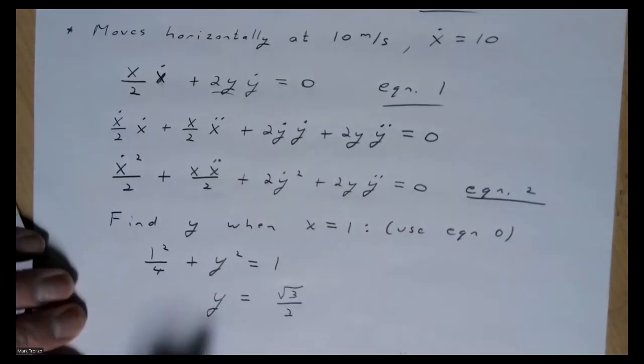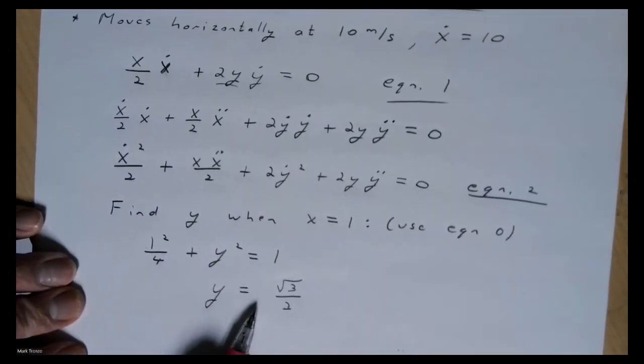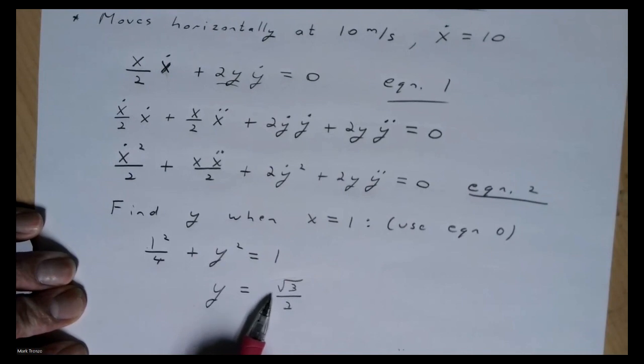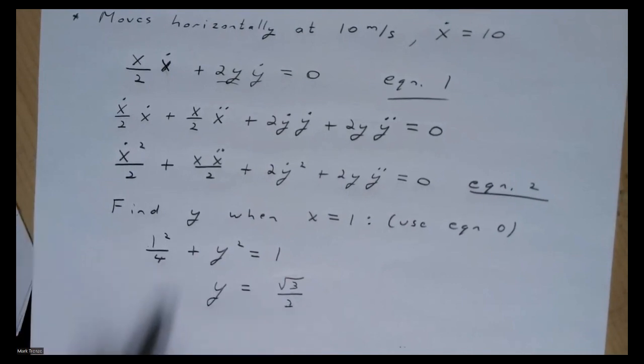Again, remember when you take the square root, you'll get a plus and a minus, but we can ignore the negative one. We just consider the positive one here, because the negative would be in the negative direction before the beginning. So we don't care about that case.